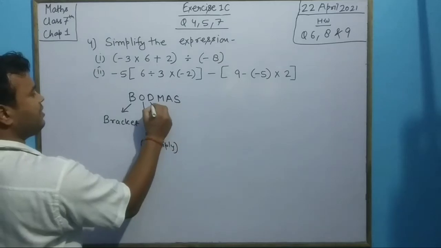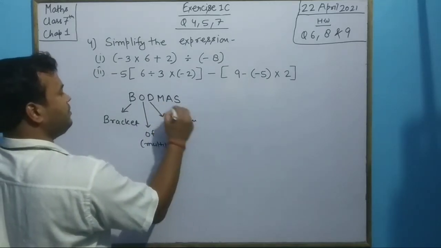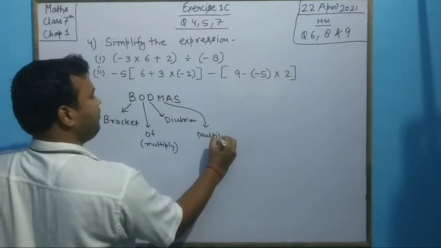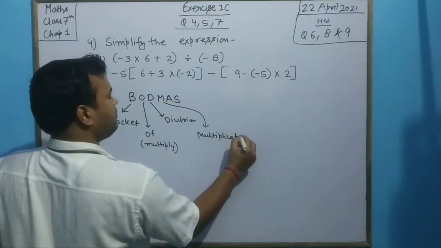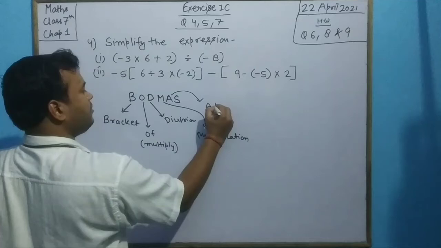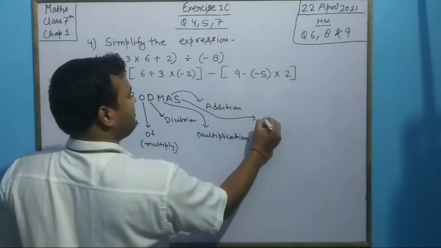D means division, M means multiplication, A means addition, and the last one, S, means subtraction.